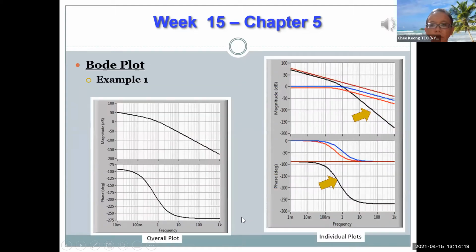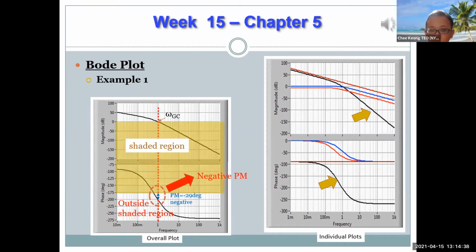The overall magnitude and phase plot, in black, is the summation of all the asymptotes drawn on the semi-log paper plus the DC gain shifting. To check the phase margin and the gain margin, we need to use the overall magnitude and phase plot. To check the phase margin, we first look at the overall gain plot and check the frequency omega GC at which it crosses the 0 dB reference point.